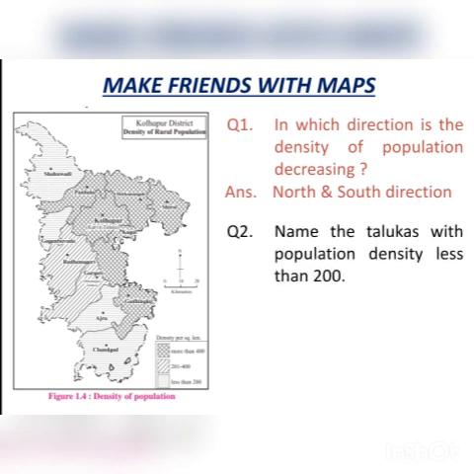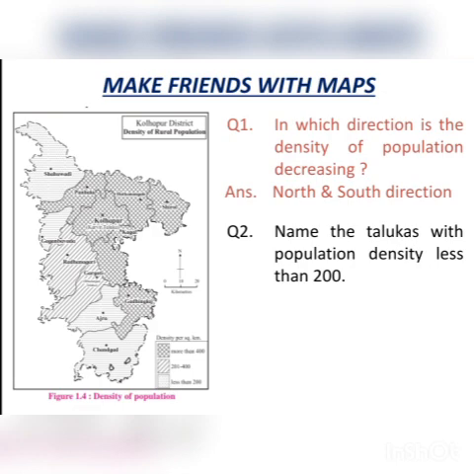Question number 2. Name the talukas with population density less than 200 persons per square kilometer. Again we have to look down at the index, last box, and see the shade used for less than 200 persons per square kilometer.